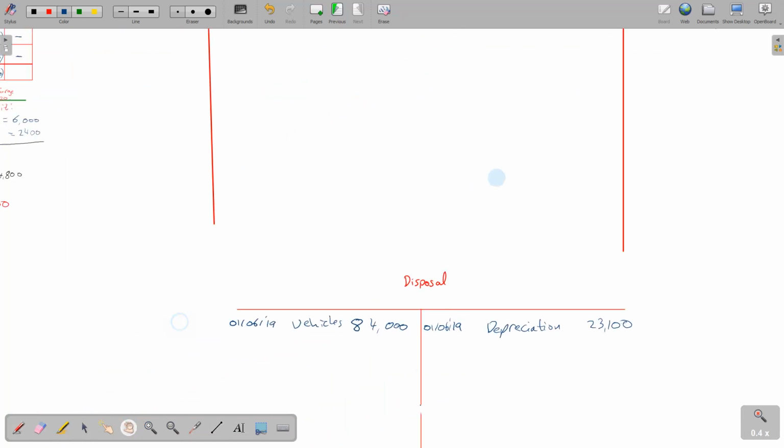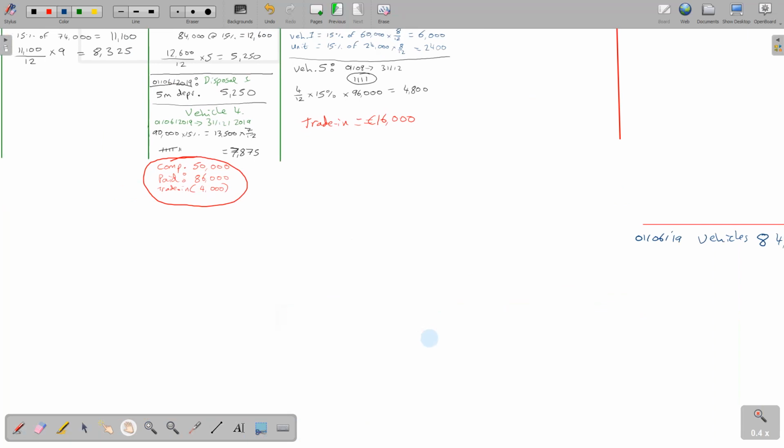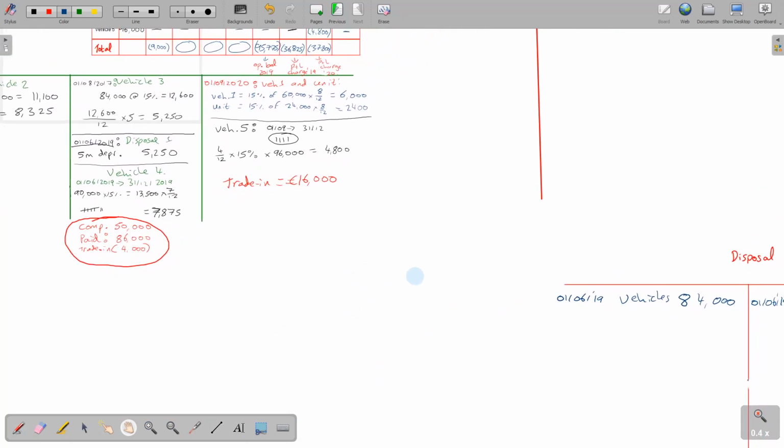23,100. Then if we go to what we got in our disposal, so we got compensation of 50,000, so that would be coming from our bank. So if you think about it like this, compensation would hit our bank account. Bank is an asset, so I shouldn't call it compensation, I should call it bank. So we would have received in our bank account 50,000, and then that double entry would be to our disposal.